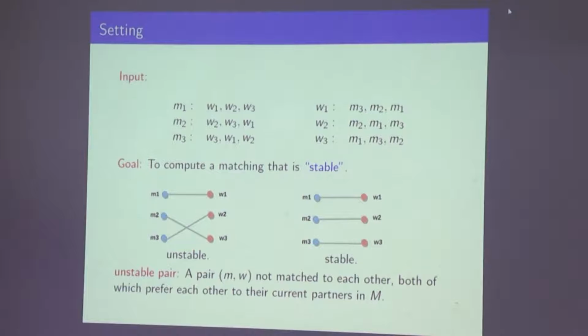What is the first question that comes to your mind? How do you compute a stable matching?